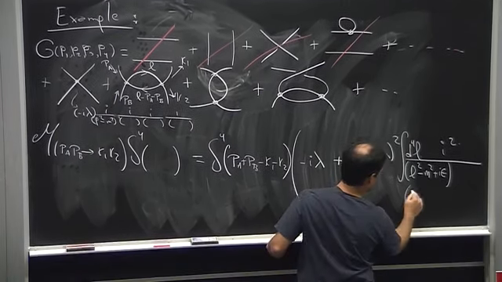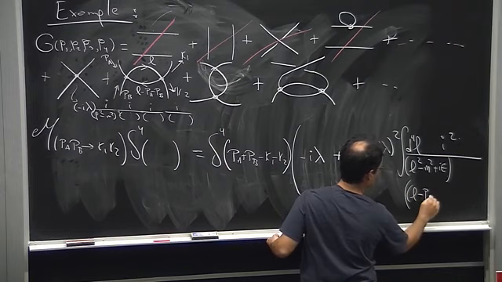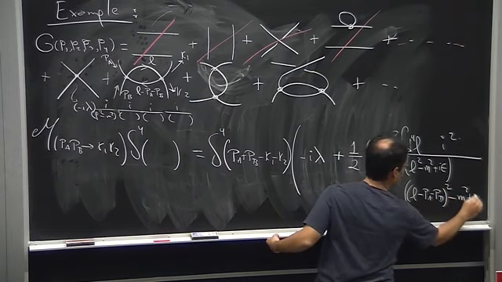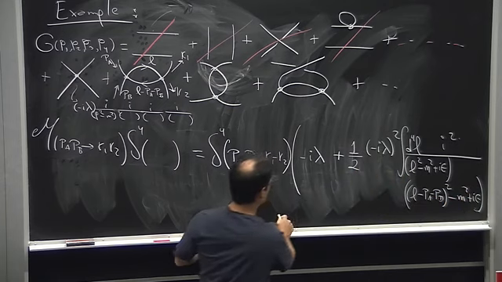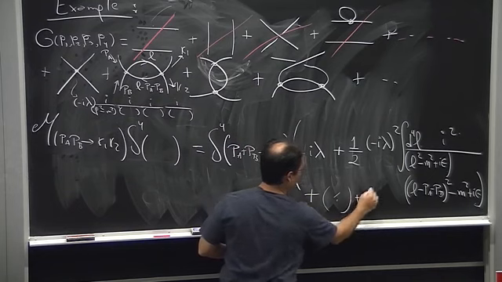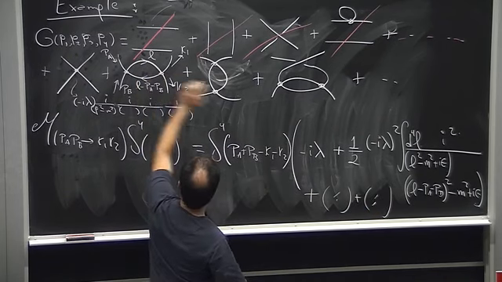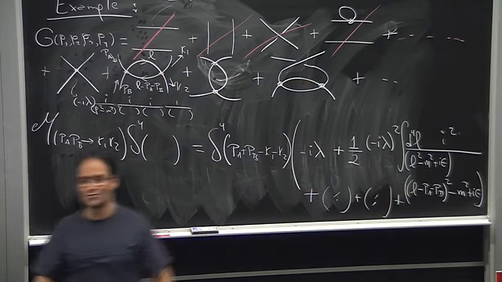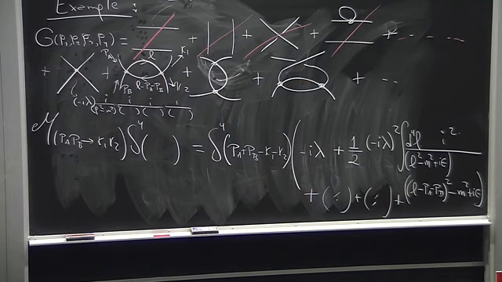So we get L minus PA minus PB squared minus M squared plus I epsilon. Plus 2 other contributions, which are this guy and this guy, so those are very similar. And then we're down to order lambda squared.